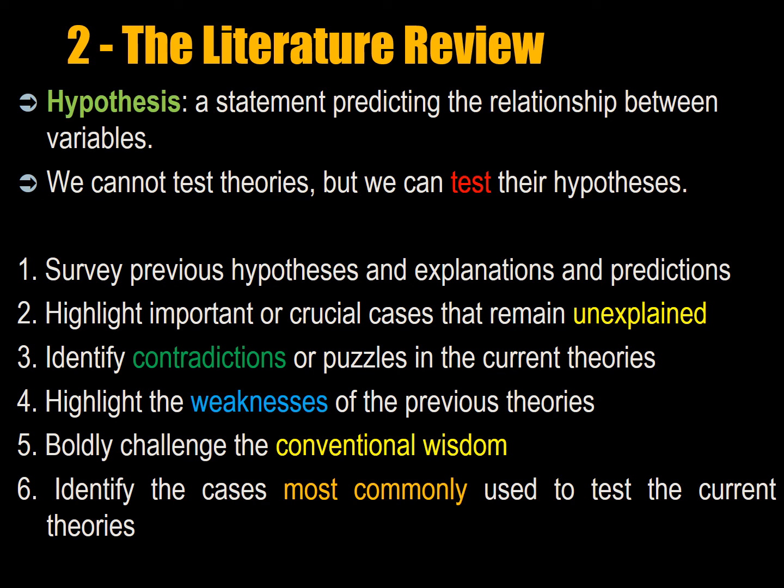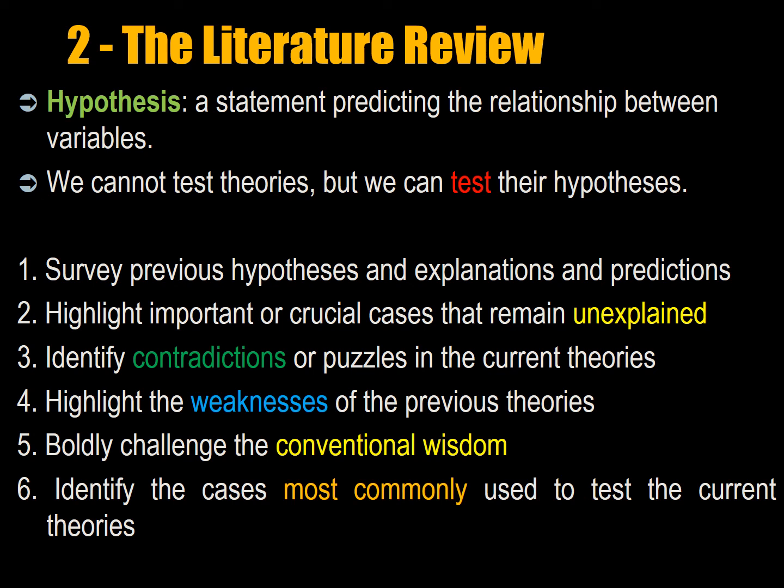So what does the literature review contain? It's not simply a list of books and articles that you read. A literature review is an attack on the current knowledge of the subject. So you want to survey previous hypotheses and explanations and predictions.